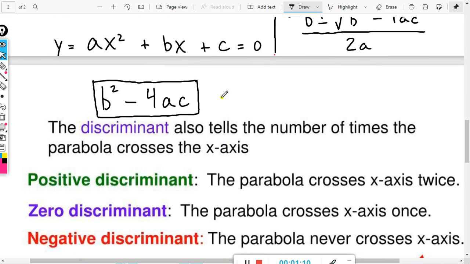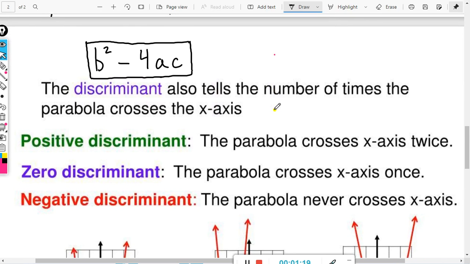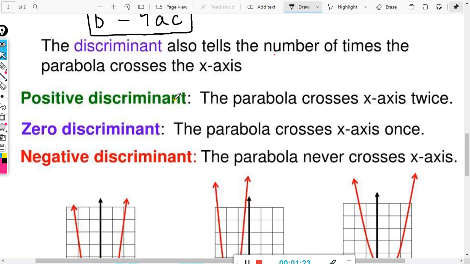So I'll show you those graphs, but as we know, this equation, when you graph it, is going to be a parabola. All right, so b squared minus 4ac is your discriminant. If the discriminant is positive, the parabola crosses the x-axis twice.